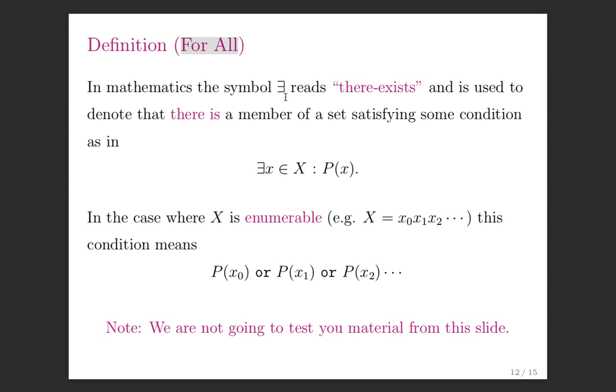So if X is enumerable, that is, if I can count the members of X in order, there exists x in X such that Px is true when there is some element of the set for which P evaluates to true. So it's going to be the case that Px0 or Px1 or Px2 and so on.